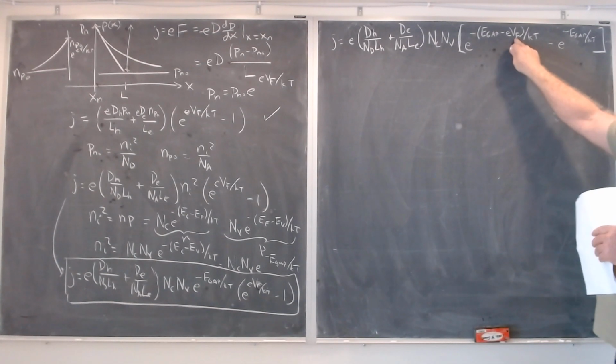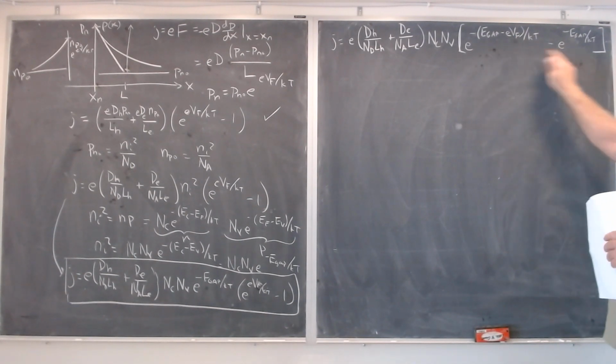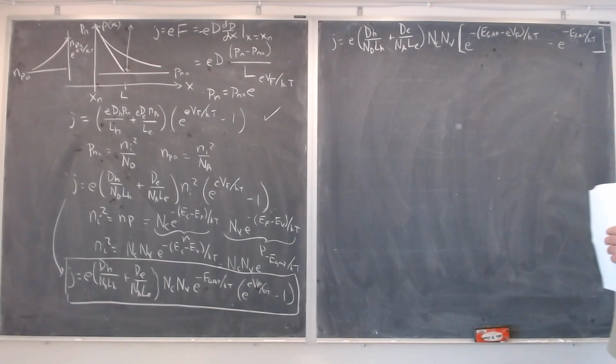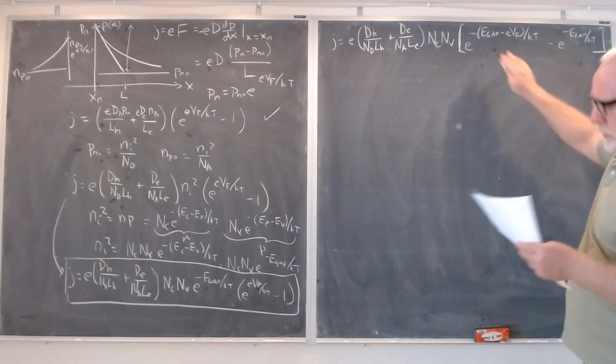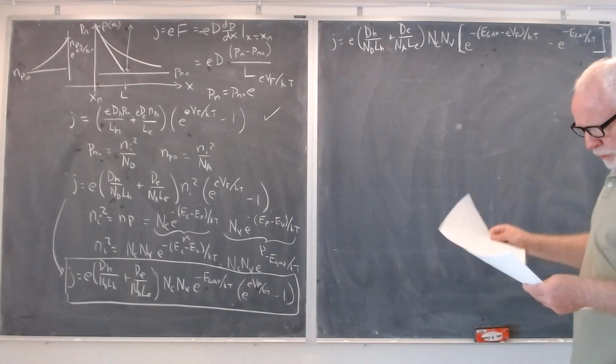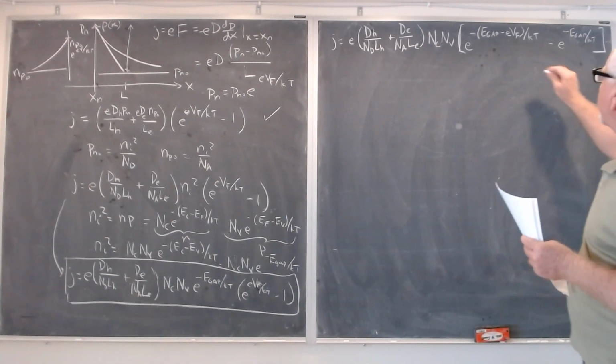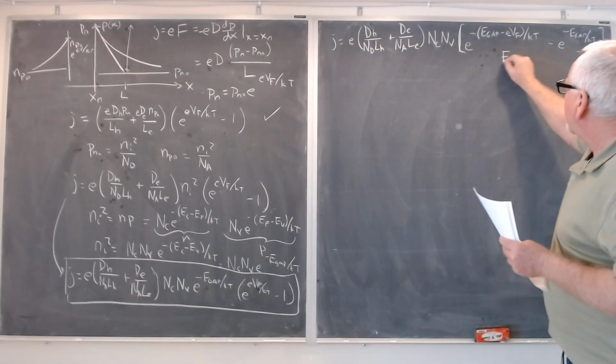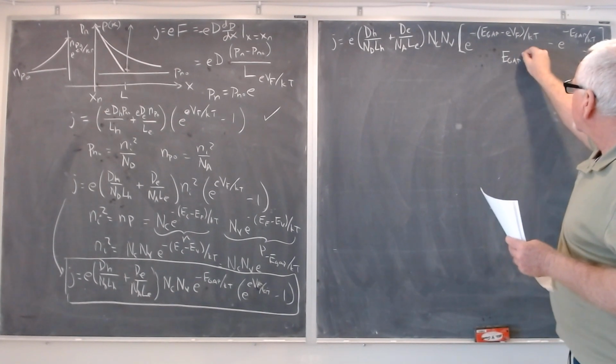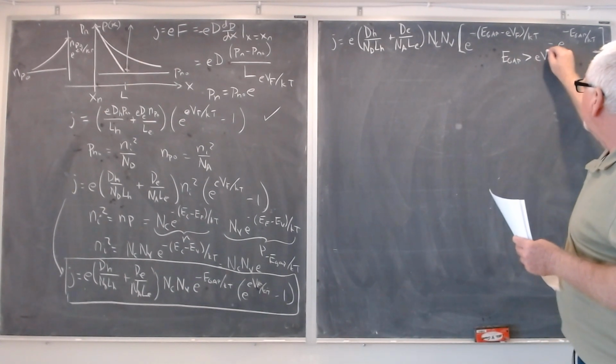And of course you see that if VF equals 0, that's the same as that, and so it's zero. But the point is that what I want you to be aware of is that E gap is always bigger than EVF.